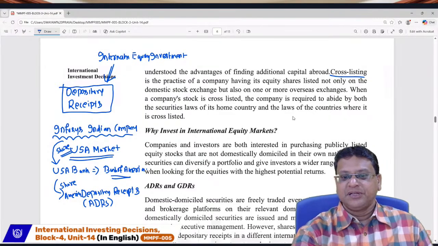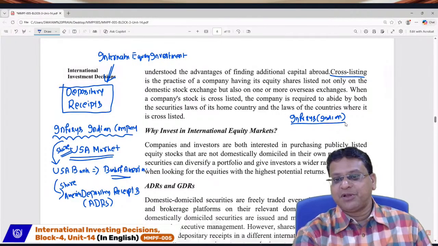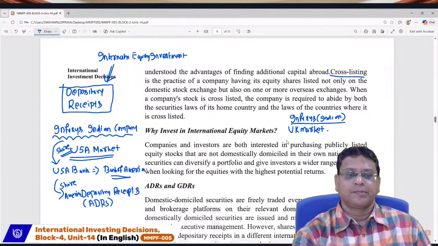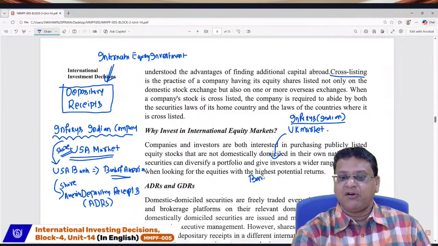Similarly, if Infosys wants to raise money from the UK market, it will first select a UK-based financial institution, suppose Bank of England.